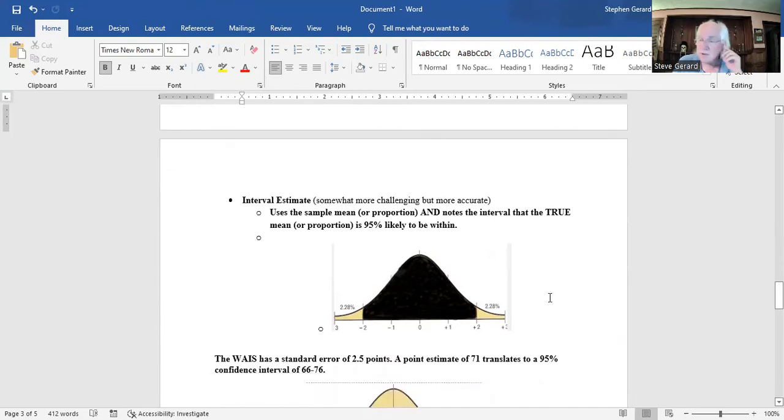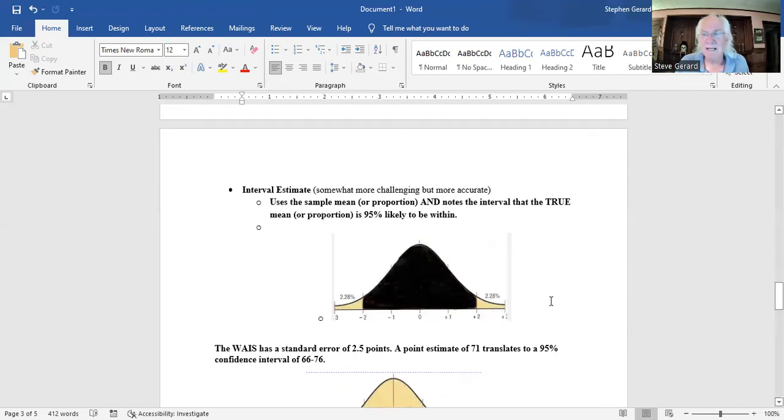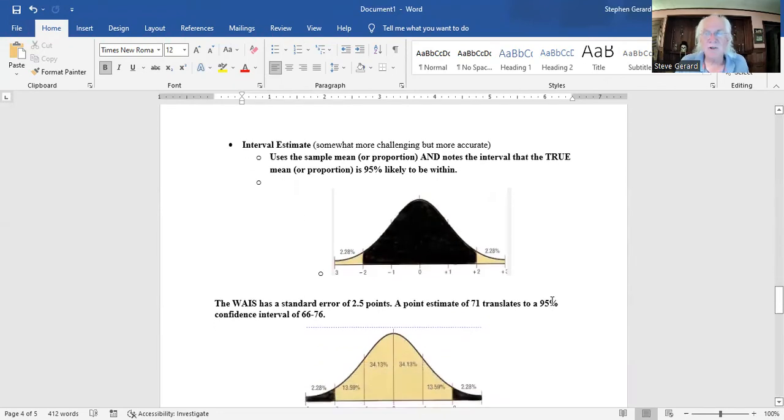Because the truth is, if you go back and take an IQ test a second time, you may not score exactly 71. You might score 70 the next time, or you might score 72. There's always going to be some variation. Not a lot, but some variation. The test they talk about here is the Wechsler Adult Intelligence Scale, and it has a standard error of 2.5 points.